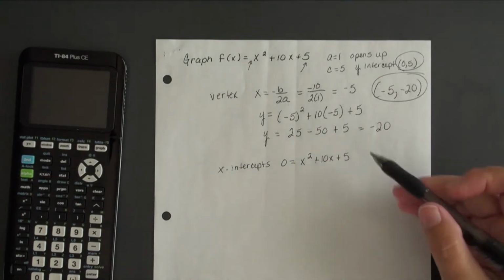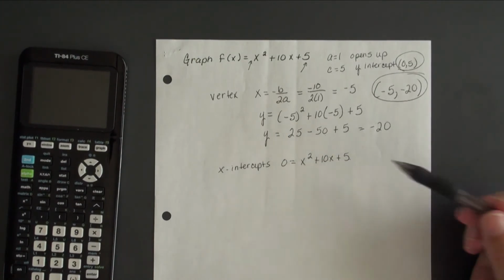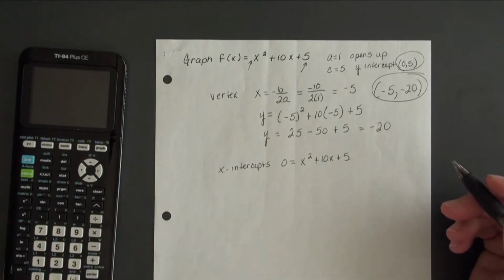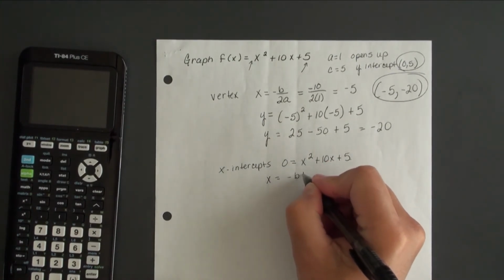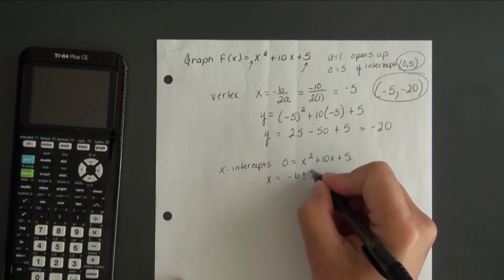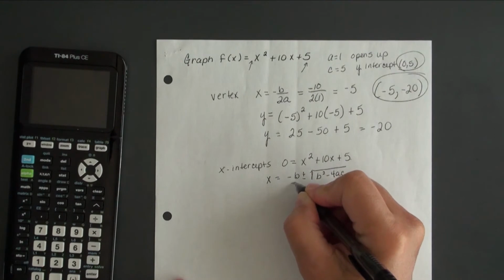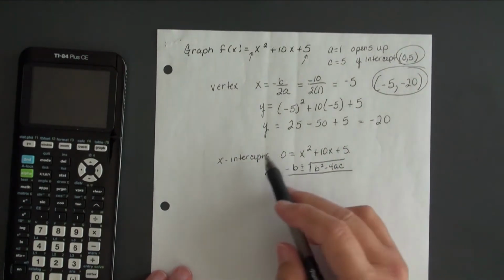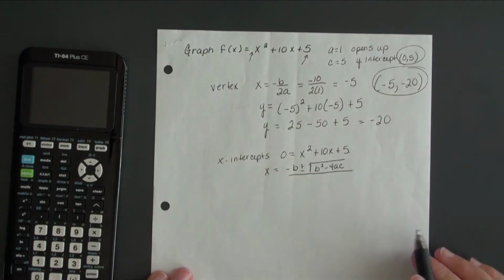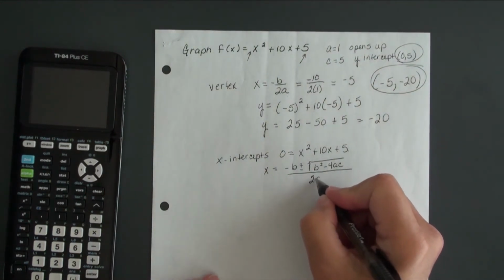Now if we try to factor this, 5 times 1 is 5, but those don't add up to 10. It doesn't factor, therefore we're going to have to use the quadratic formula. Now if you try to do this on your calculator with the shortcut method, you won't have exact x-intercepts for your answer. So we need to go ahead and do this by hand.